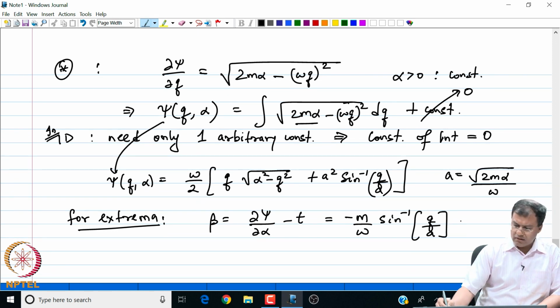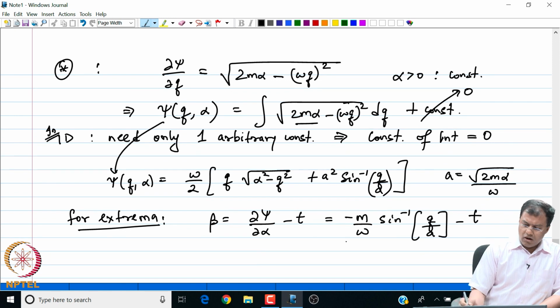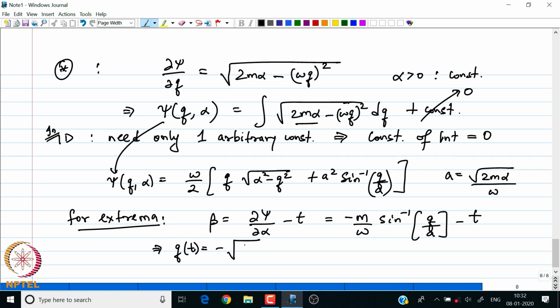So, this comes out to be this minus t, or from here I can directly invert to get q as a function of t. So, my q as a function of t comes out to be negative square root of 2m alpha divided by omega times sine of (omega by m times (beta plus t)), right.